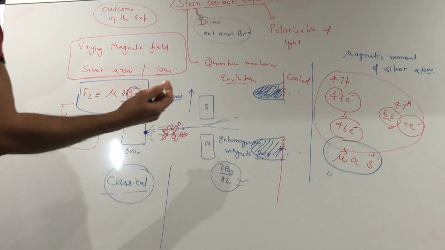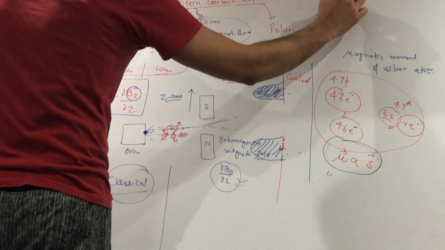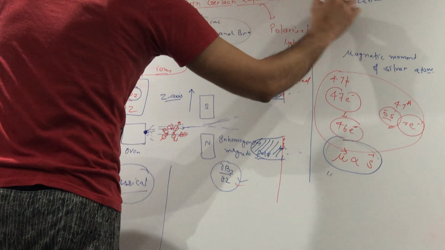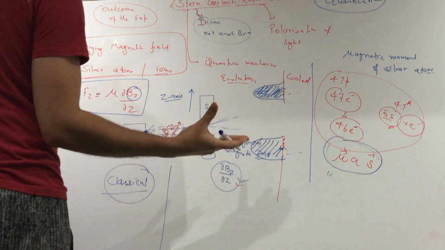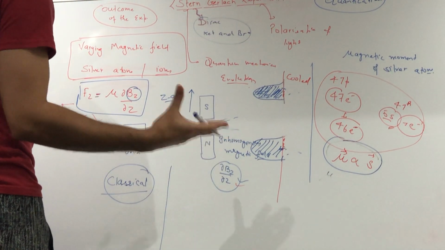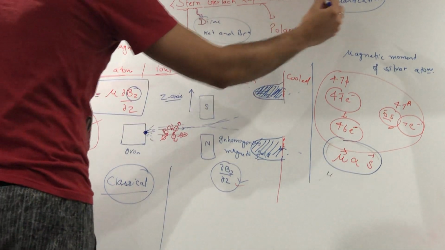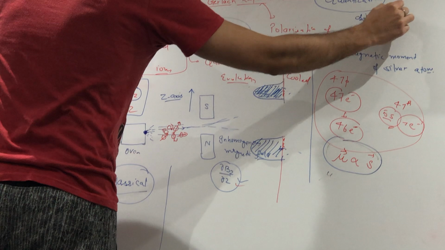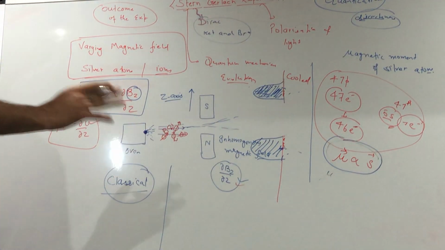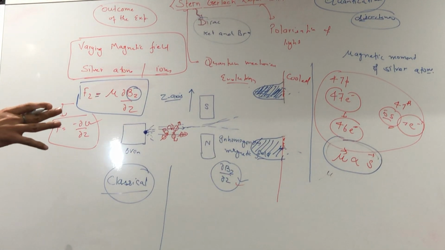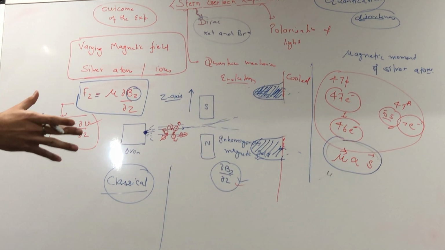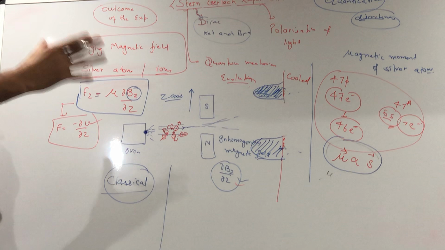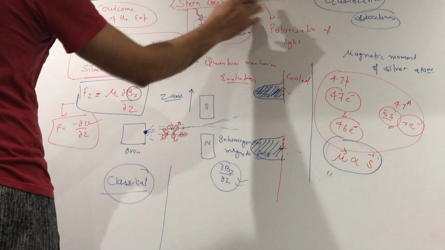So the word is quantization. When you study quantum mechanics, the first word you should remember and understand is quantization. Quantization is simply discreteness. When we talk about quantization, it is discrete, there is nothing continuous, as in the case of classical mechanics, right? So this is the postulate of the Stern-Gerlach experiment.